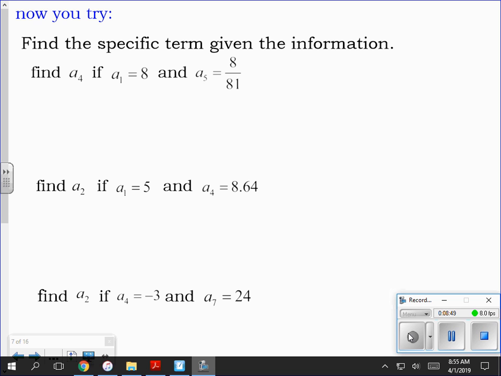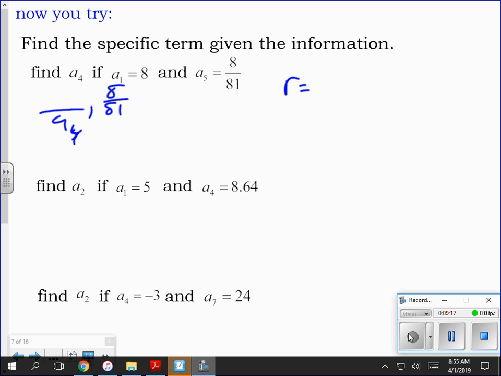Okay. So this first one here, you're going from a sub 1 to a sub 5. You're looking for a sub 4. So you could take a sub 1 and go up 3, or you could take a sub 5 and go down 1. I'd rather move 1 spot than move 3 spots. Okay? Still got to find r.